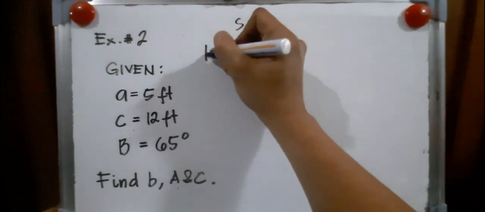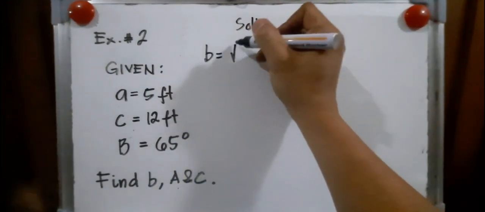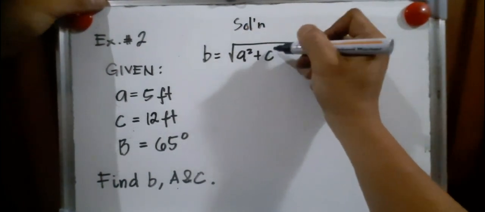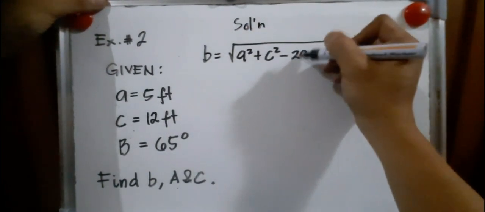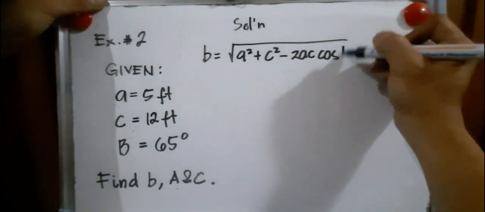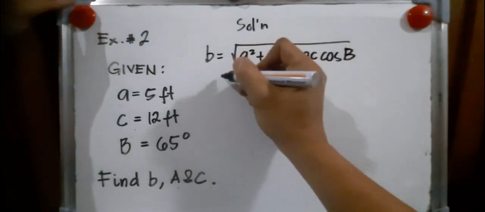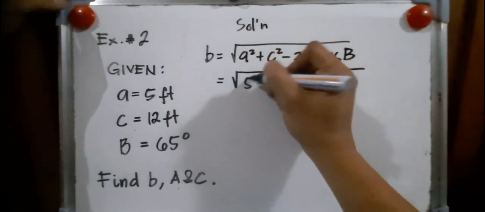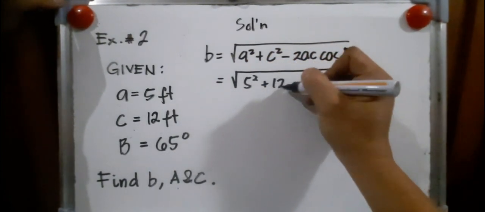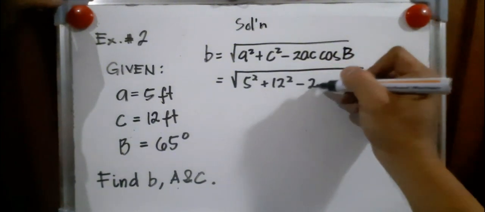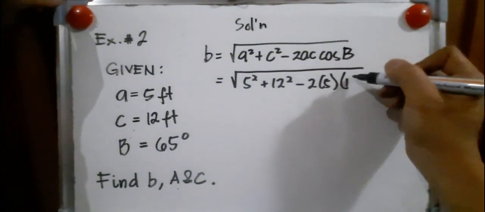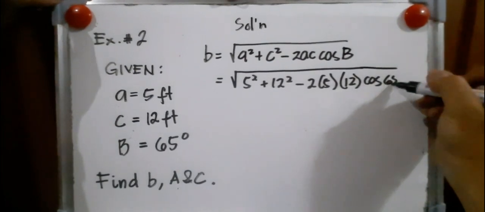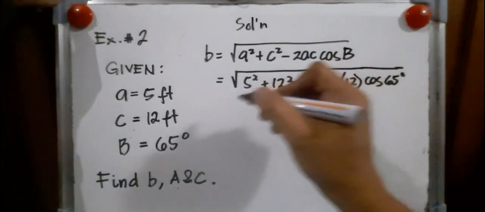So we have b equal to the square root of a squared plus c squared minus 2ac cosine of B. And this is equal to the square root of 5 squared plus 12 squared minus 2 times 5 times 12 times the cosine of 65 degrees.